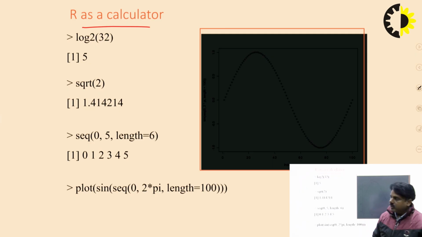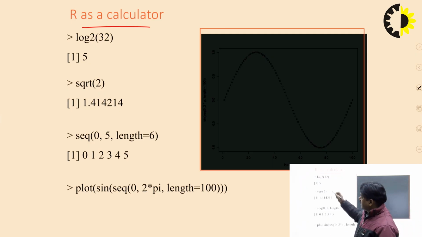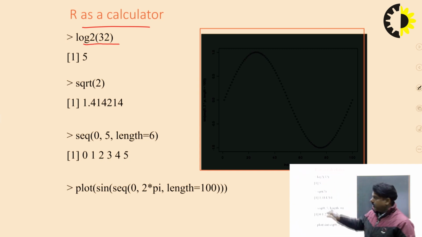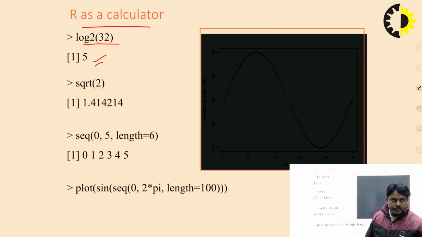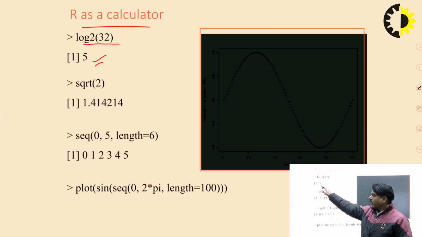For example, whenever we try to find the logarithm of 32 on base 2, it gives the result in an array form, represented as index 1 and the value is 5.